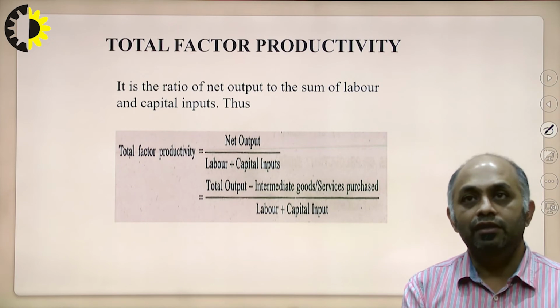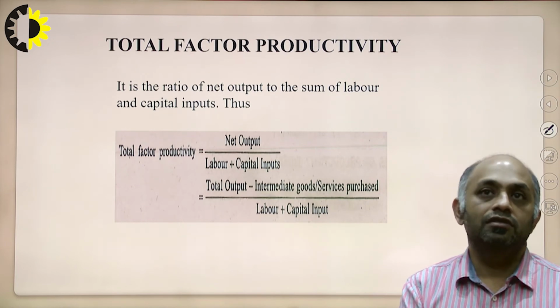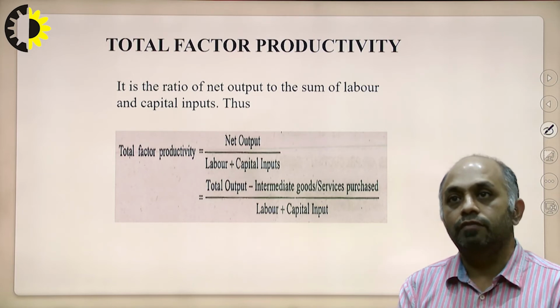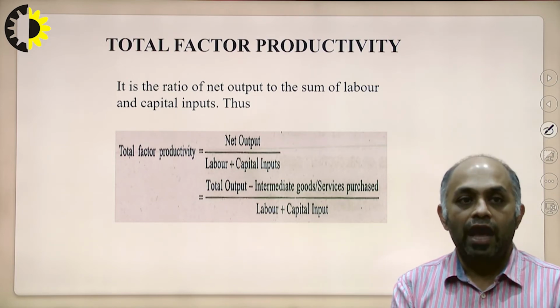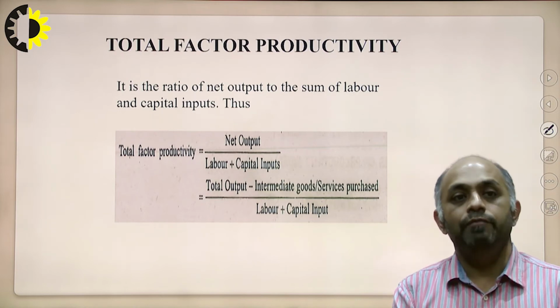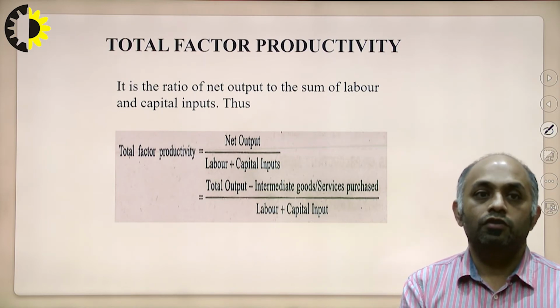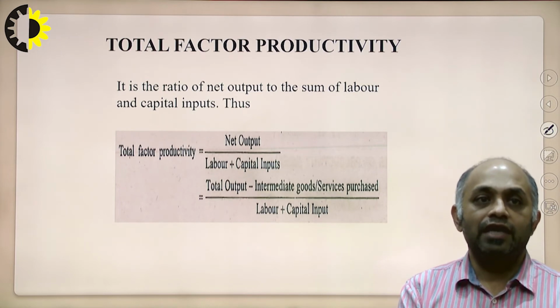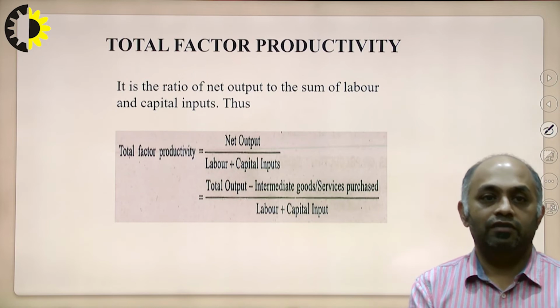One is the capital that is used. Capital also includes the money that I have invested in the machines or the system or the infrastructure, and then the amount of money that I am paying to the laborers. So when I see the labor plus capital inputs, then total factor productivity comes up.